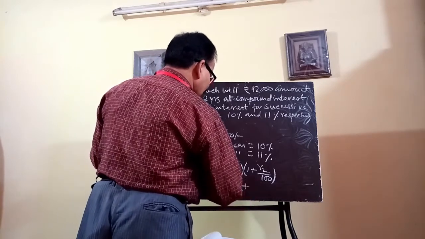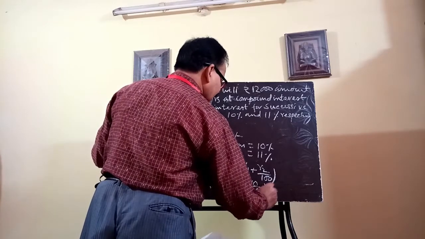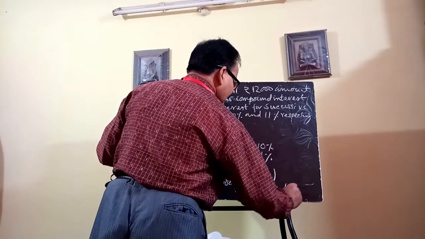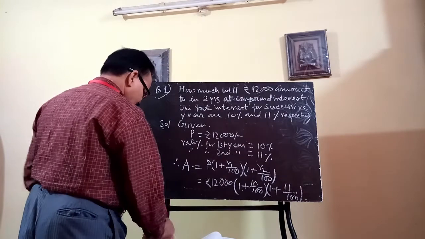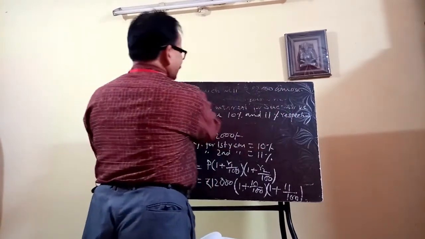1 plus R1 is your 10%, 10 by 100, and this is 1 plus 11 by 100. Clear? So after that you just calculate.